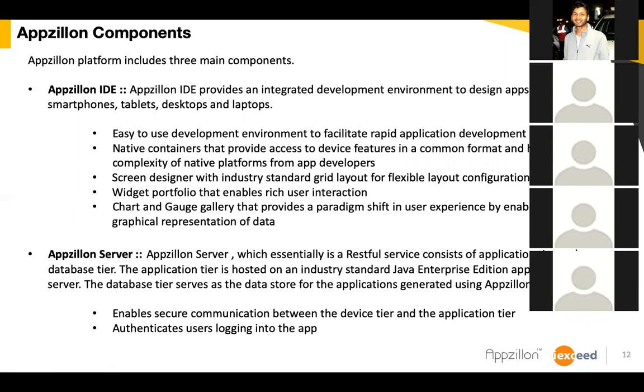You can choose to use it or not, because depending on the application you're building, you may want to do the user management elsewhere. For example, if you're building a B2B application for an organization, most likely you will be interfacing with LDAP or Active Directory, in which case you will not use the Appzillon user management and entitlements module at all.